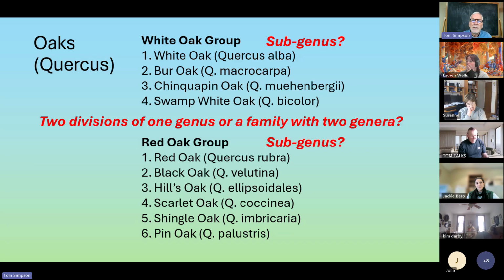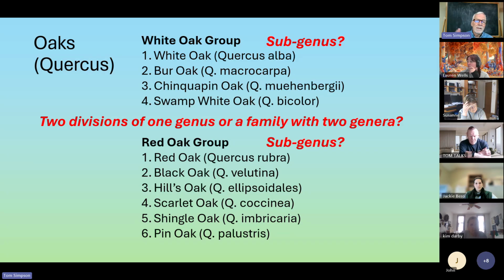And they asked themselves, how can we use these categories of genus and family and order to make sense of this in the clearest possible way that we can communicate the meaningful relationships? And so it's a decision amongst taxonomists that the oak should be a genus level and not a family level. It's not absolute. It's the judgment of taxonomists.